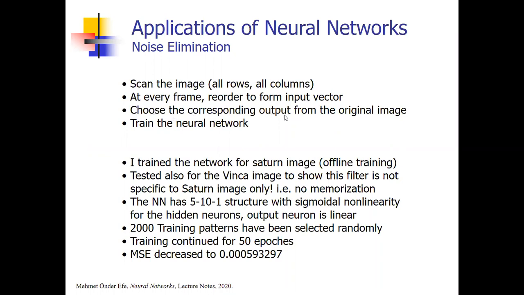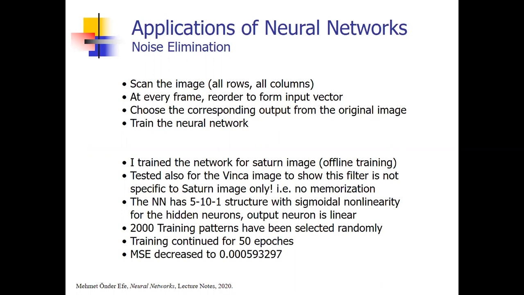I will choose the corresponding output from the original image, and this is going to be my training data set. And I will train my neural network to remove the undesired content available in my image.